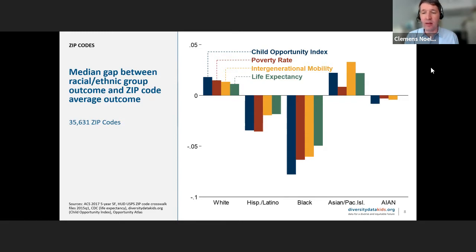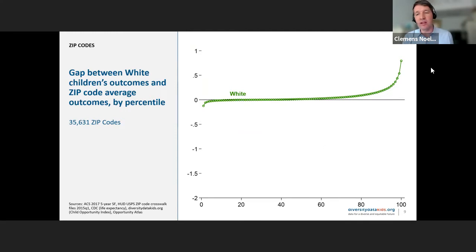Now let's look at all the other percentiles. What we did here is we took the average outcomes for white children in a zip code and subtracted the overall zip code outcome, and that gives us the gap between white children's outcome and the zip code average outcome.